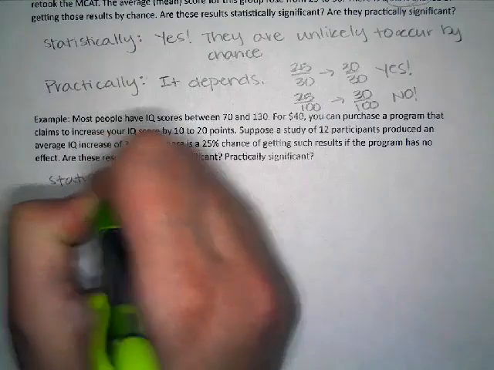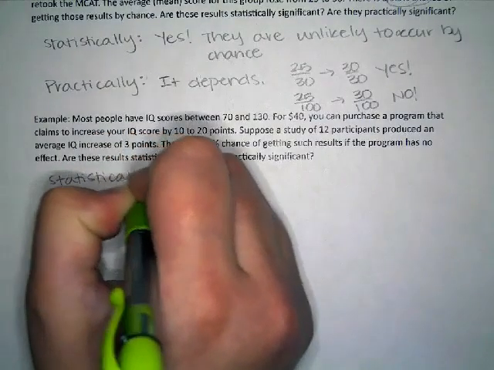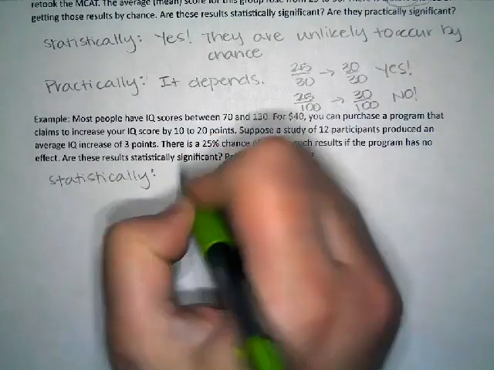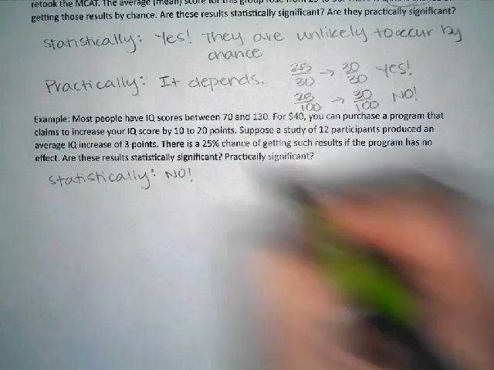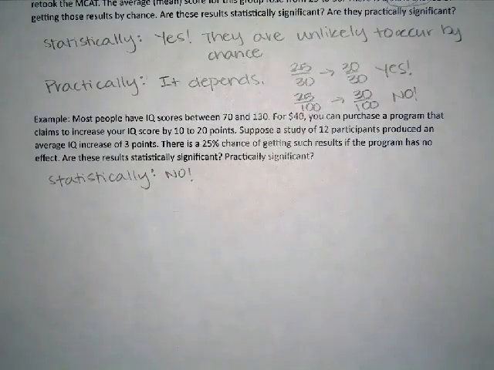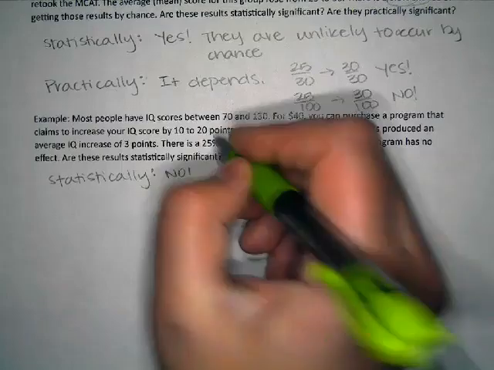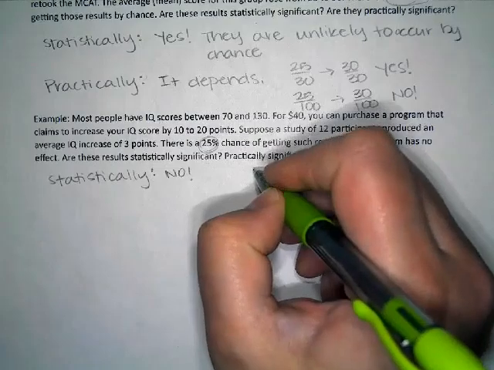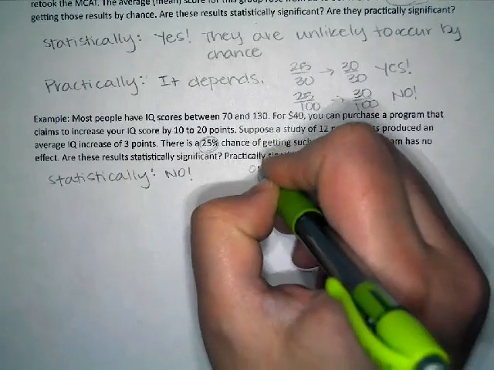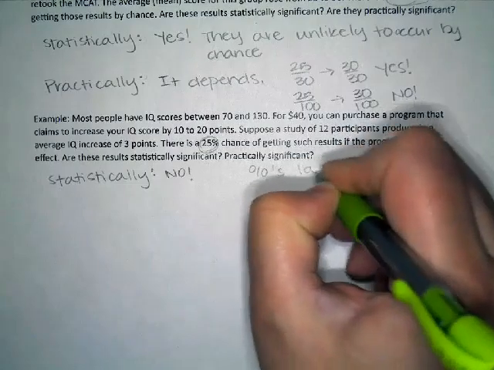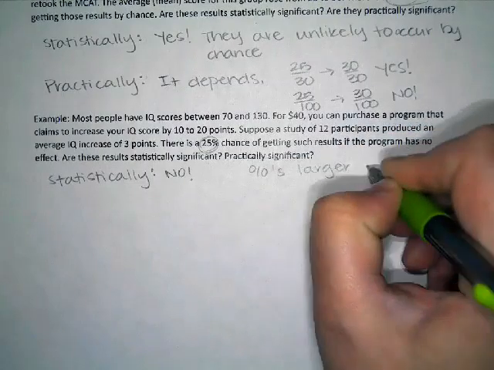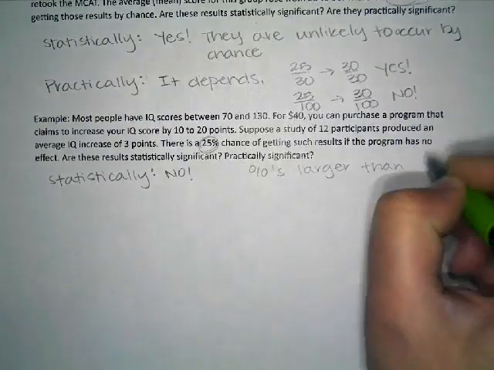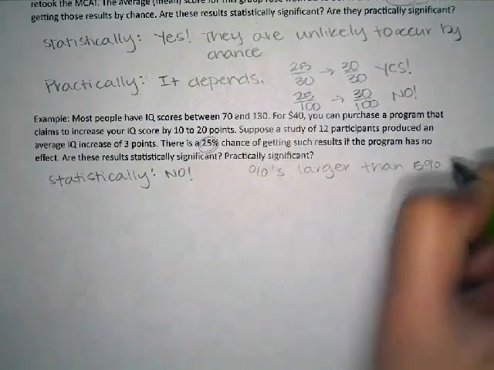So statistically significant, we're going to say no. This is not something that you would have known before you took these notes, but the benchmark for significance is 5%. So that means that percentages larger than 5% aren't that unlikely.